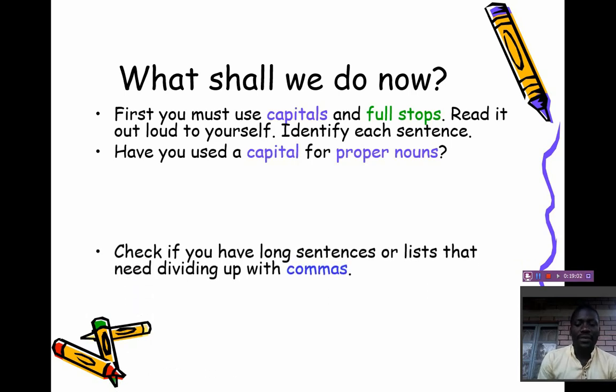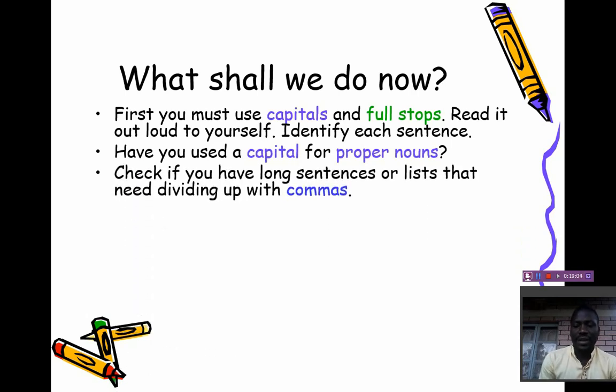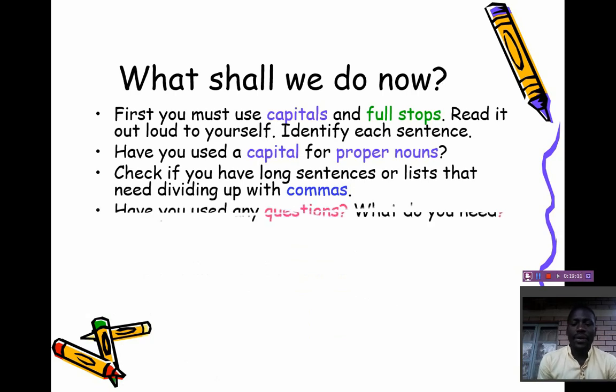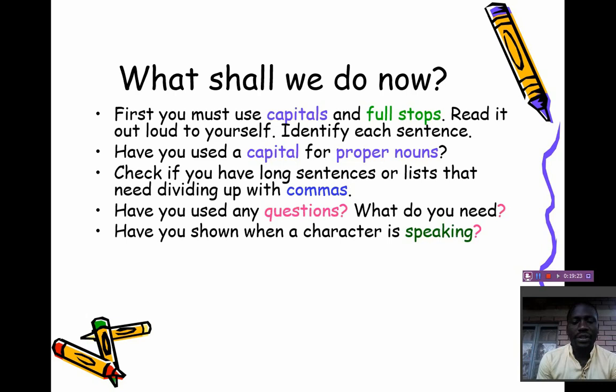Check if you have long sentences or a list that need dividing up with commas. We are reviewing whatever we went through. Have you used any question? So when you're writing questions, what do you need? You realize in that question you need question marks.